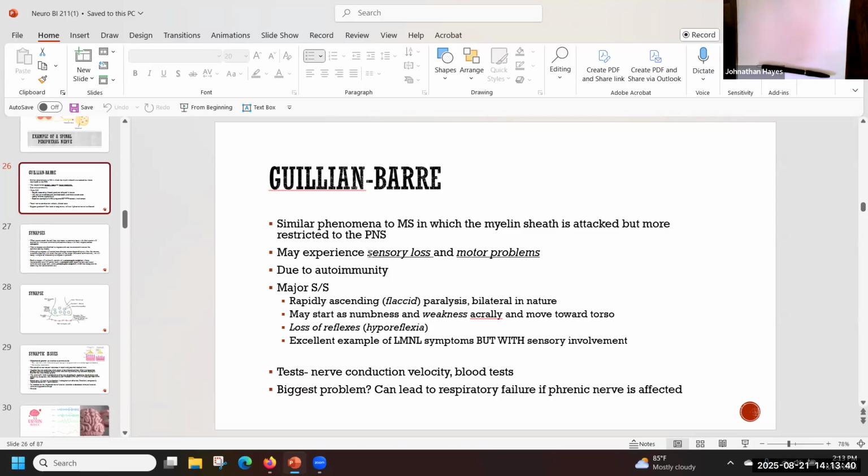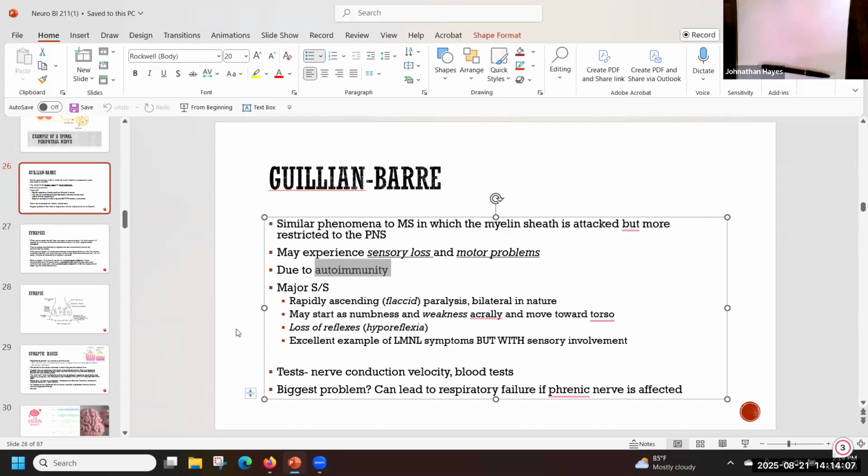You may experience both sensory and motor problems because, again, if you remember, peripheral spinal nerves are all mixed in nature. Due to autoimmunity, sometimes what you may end up seeing is a younger individual. And typically, most of these people are very healthy. A lot of times you'll see it on the news, and it's this very athletic young man who comes in, and after 2 weeks, his legs have withered away and become atrophied.